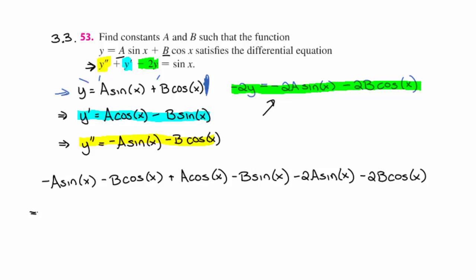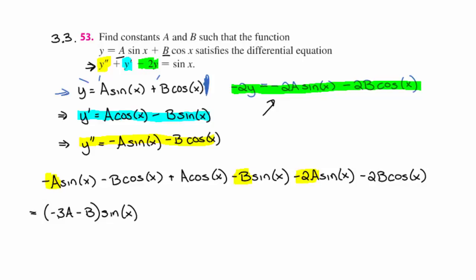I'm going to gather like expressions. So, for example, all the stuff with the sine. I have attached to a sine here a negative a, a negative b, and also a negative 2a. So really I have a negative 3a and minus b. That's how many sines I have. So let me write that: negative 3a minus b, and that'll be times sine.